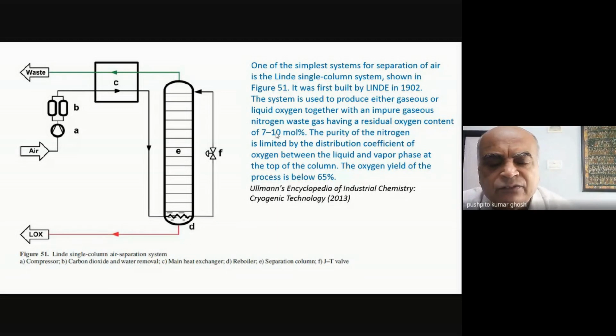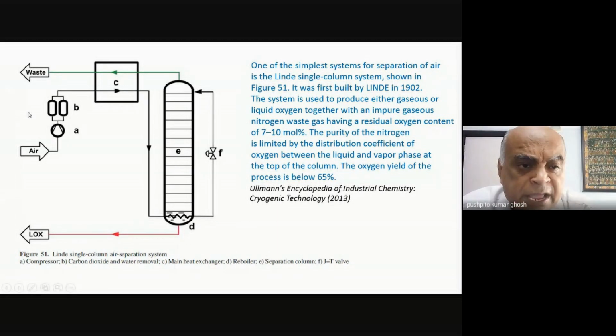Let us try and see what exactly is being done. Effectively, what you do is that first you take your air, you have compressed it a bit, and then you have removed impurities, like for example carbon dioxide, moisture, etc. You remove those. Then you are taking it through a heat exchanger.